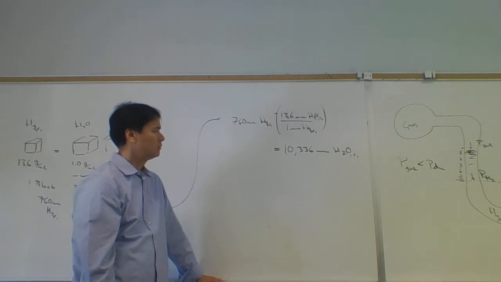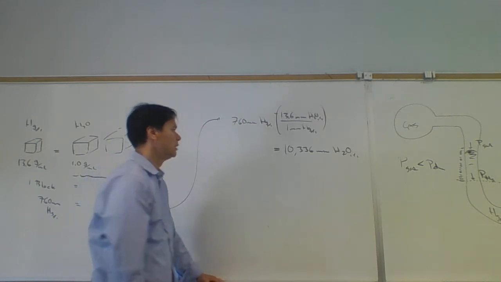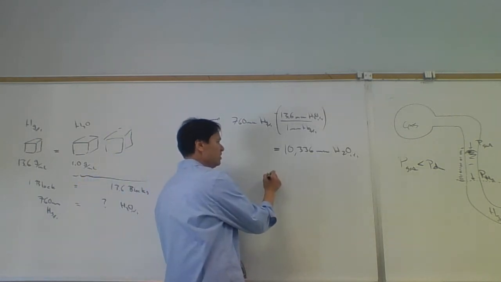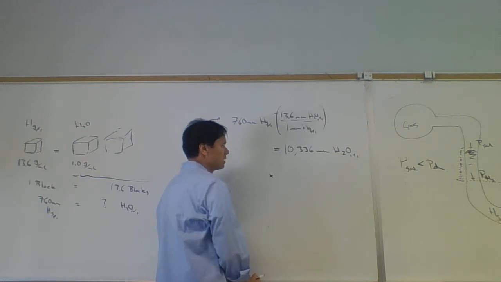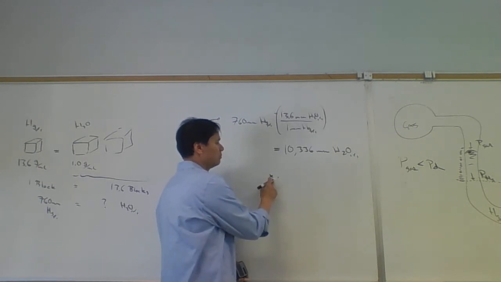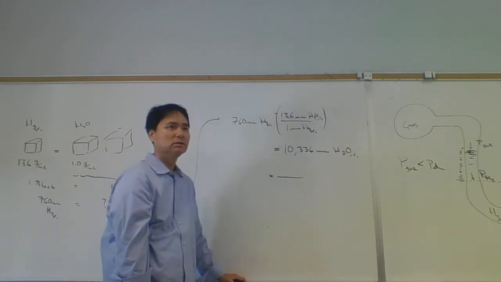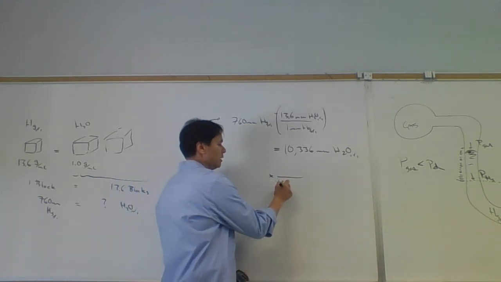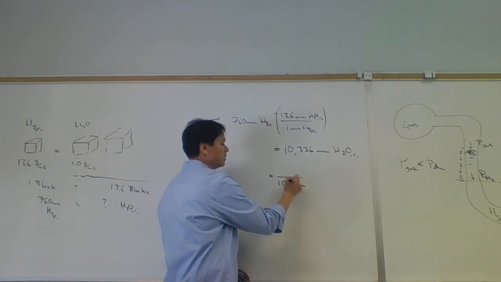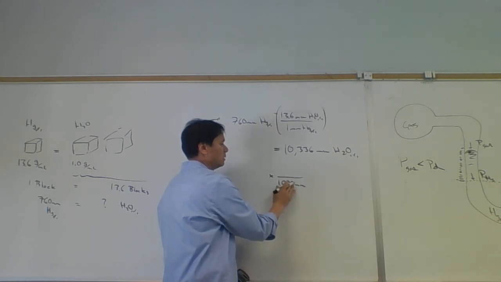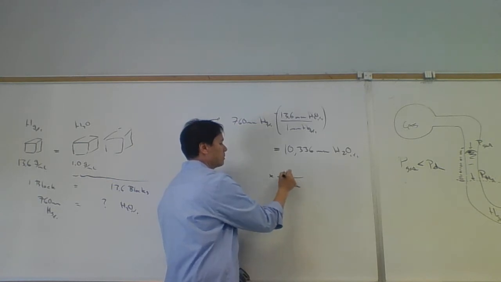Well, I don't know. And this is what I'm going to do. Millimeters is kind of tricky, so I'm going to go from millimeters to centimeters. How do I go from millimeters to centimeters? There are 10 millimeters per centimeter.